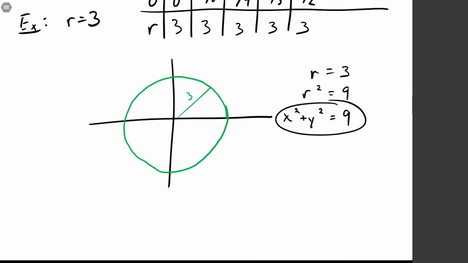All right, let's look at another simple graph. What if I gave you something like theta equals pi over 6, let's say? What would this be? Well, here theta can't change, but r is allowed to change.